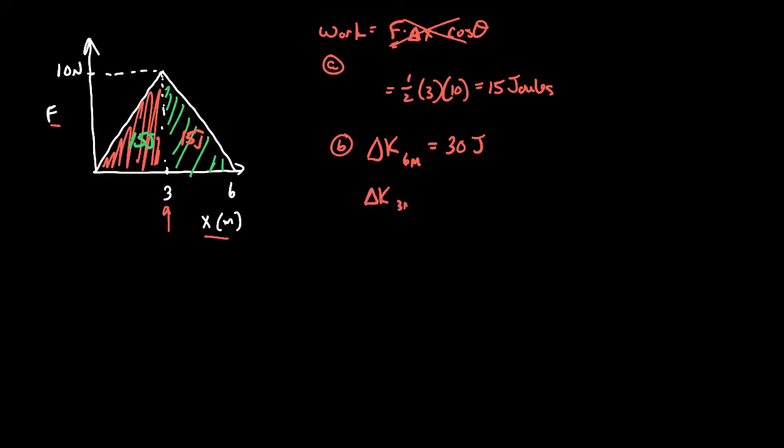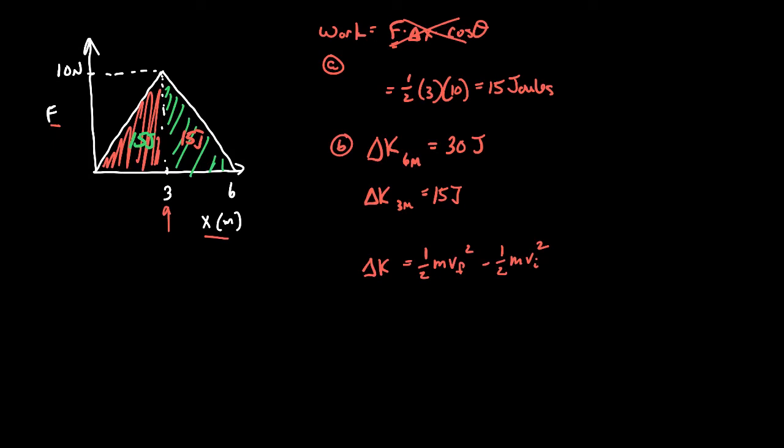Because question C goes back to the 3 meter part, and we're going to need that information to answer question C, which says, if the object was moving at 1 meter per second at the 0 meter mark, how fast is it moving after 3 meters? Well, the change in kinetic energy is going to be 1/2 m v final squared minus 1/2 m v initial squared.